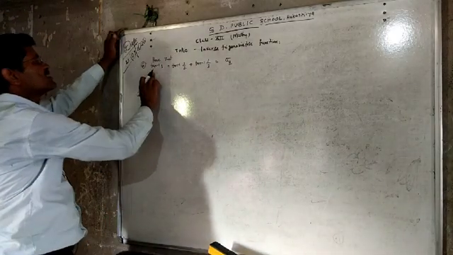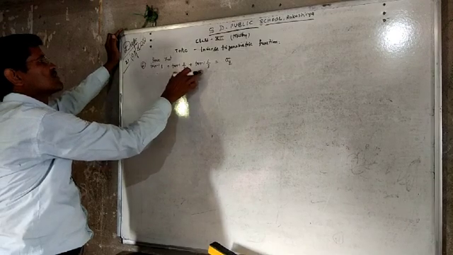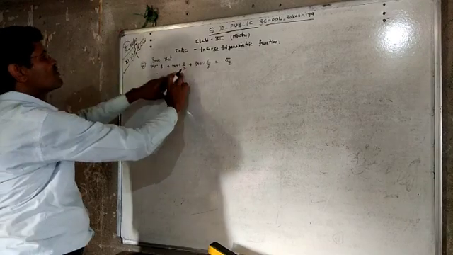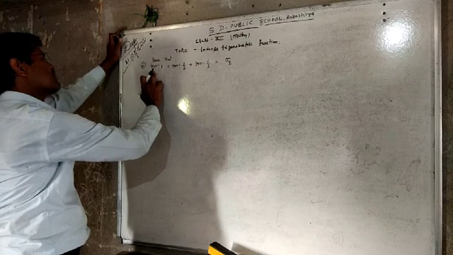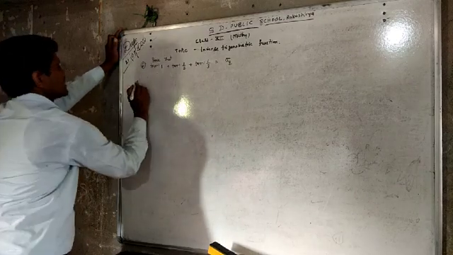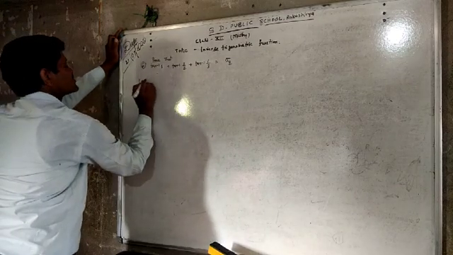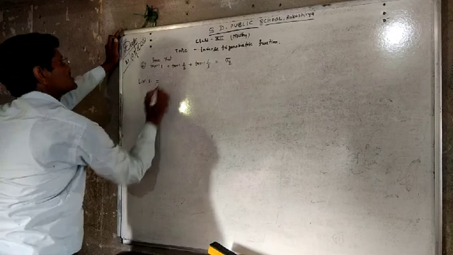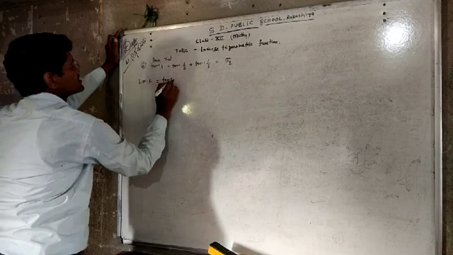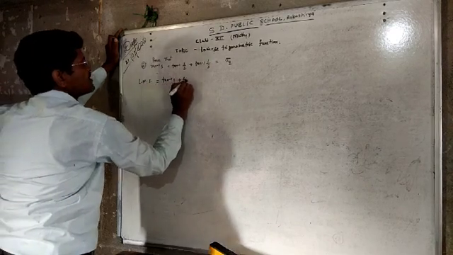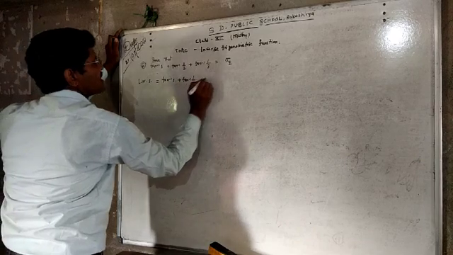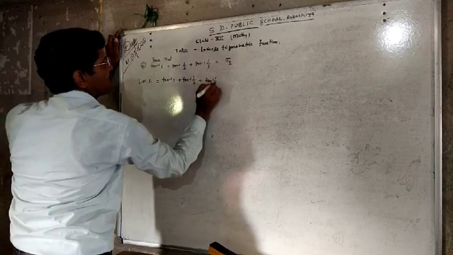Hence, we can solve from only 2 terms, and after that we can solve the next 2 terms. The LHS is tan inverse 1 plus tan inverse 1 by 2 plus tan inverse 1 by 3.